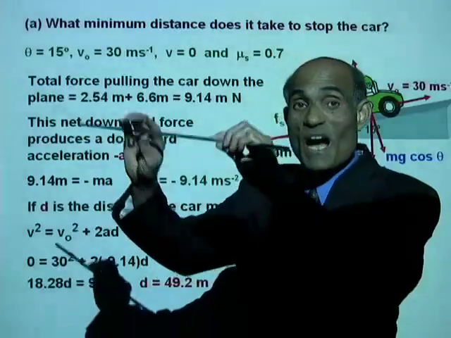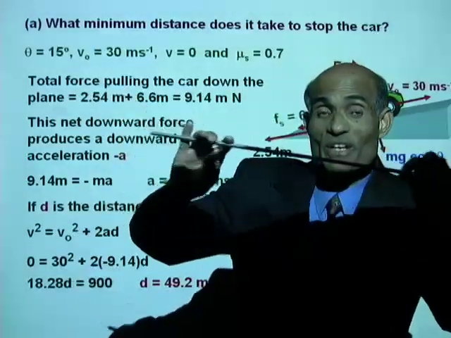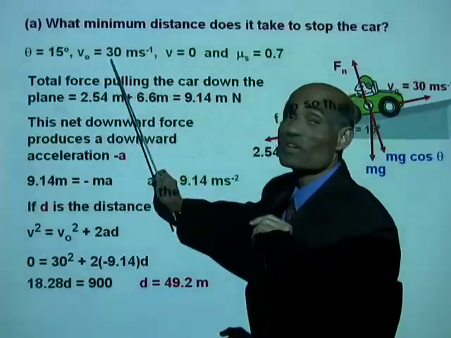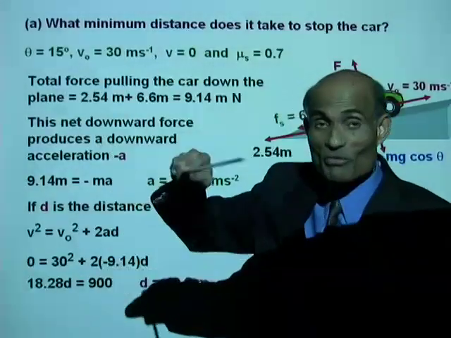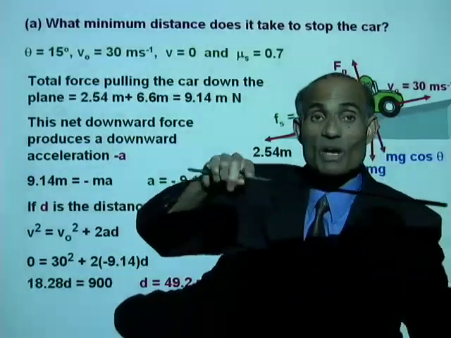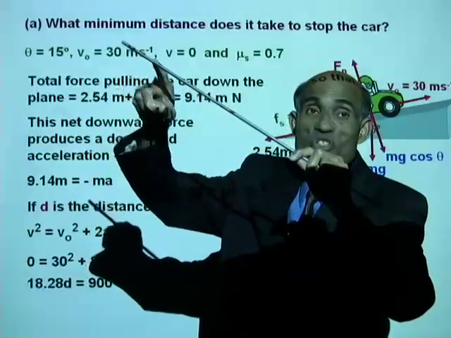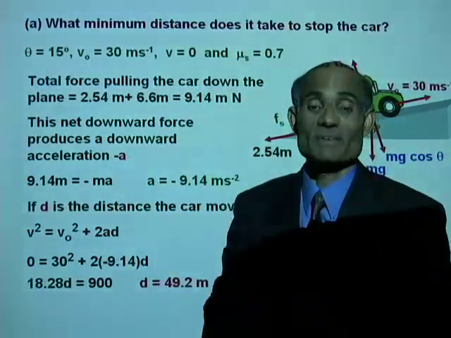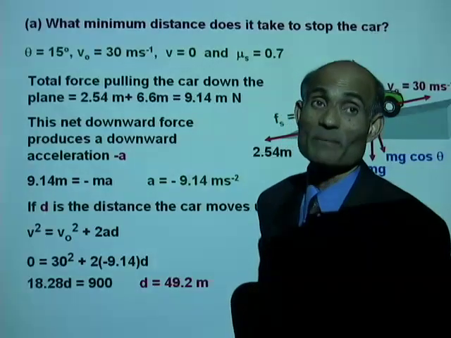If the car is now rolling down the grade, it has an initial velocity 30 meters per second, final velocity will be 0. What is the distance the car will roll down before it stops? That is what we need to find.